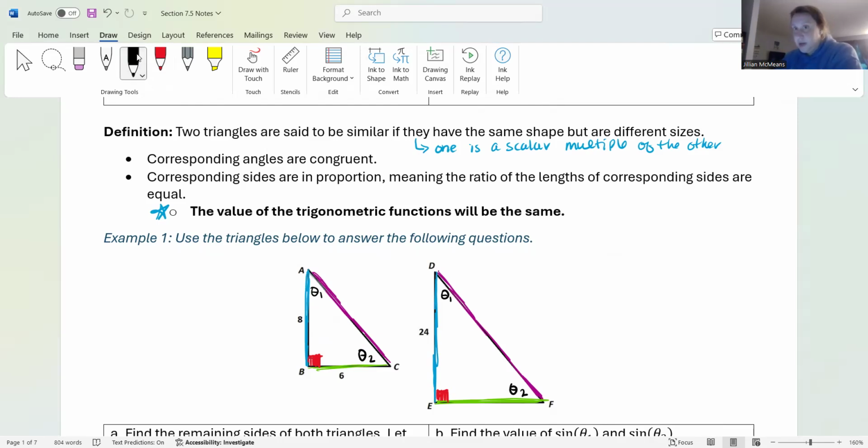Now let's talk about the ratio of sides. So we know that AC corresponds to DE. And AC has a length of 8 and DE has a length of 24. So the ratio of sides is 1/3.